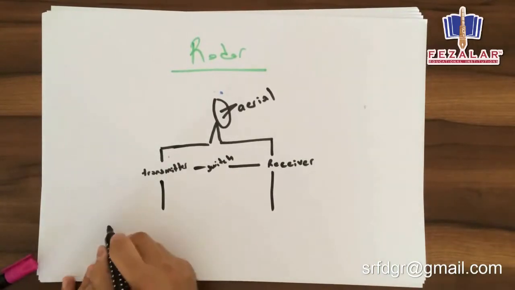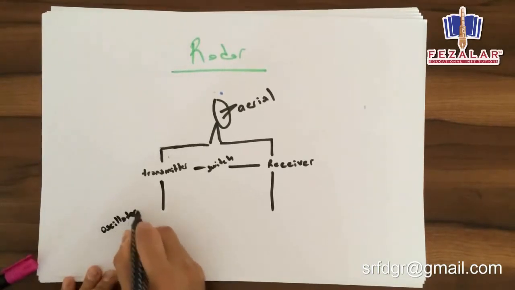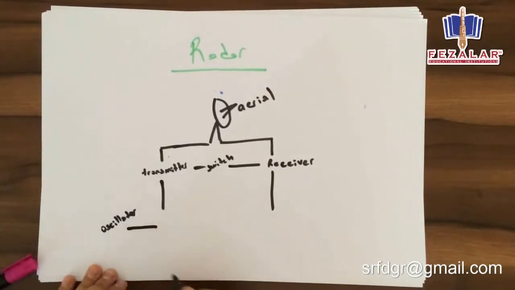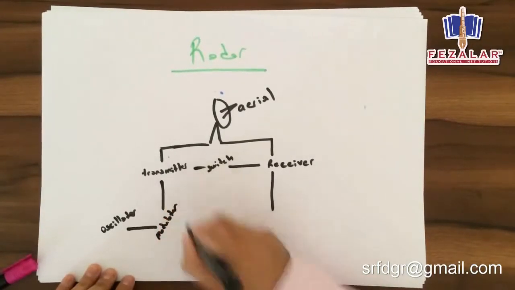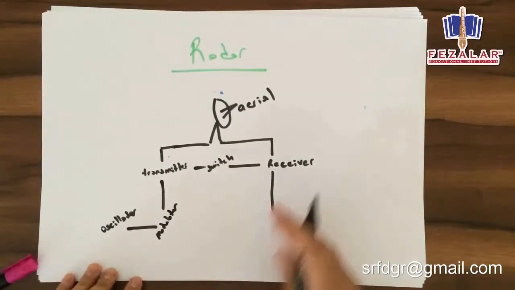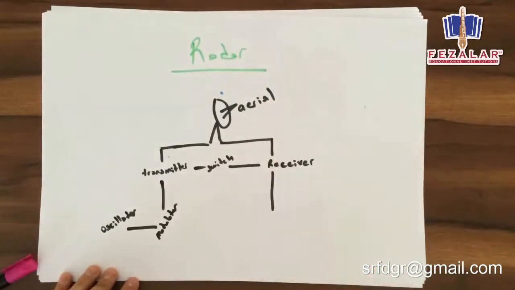Then, how can we transmit an electromagnetic wave? We need an oscillator. And who will modulate, or who will set the frequency of the wave? We need a modulator also. And then the receiver receives signals, and who will detect these signals?